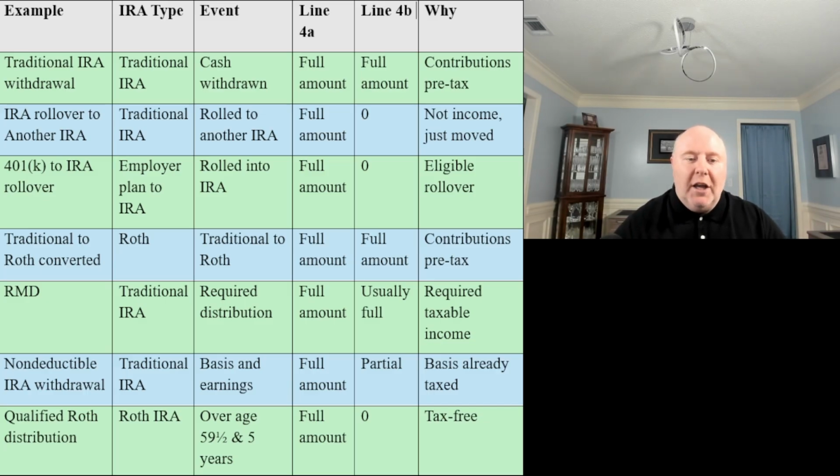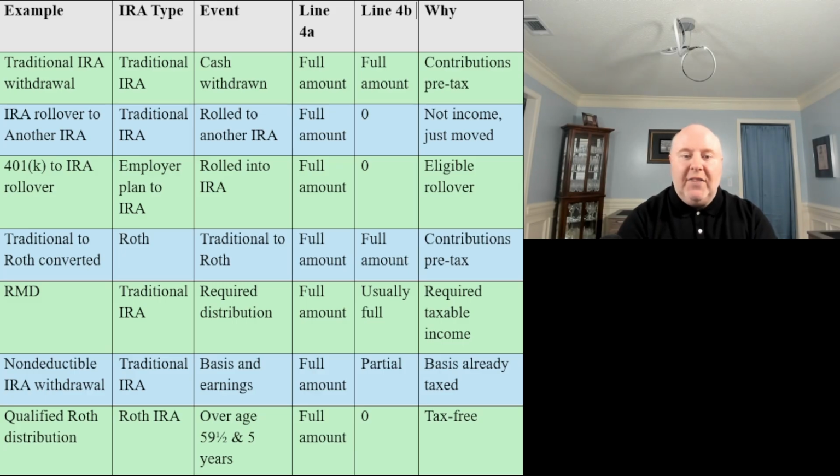The next one, non-deductible IRA withdrawal. If this is a non-deductible, what that meant is we didn't get the deduction when we first contributed it. Because we didn't get the benefit of it, we basically have a basis in it. We already have some money in it that's already been taxed. So what's going to happen is we include the full amount. It's going to appear on line 4A.